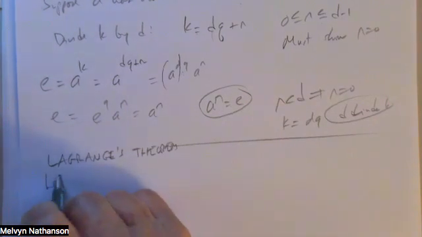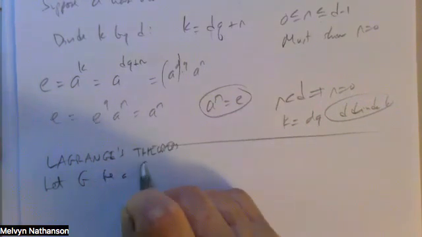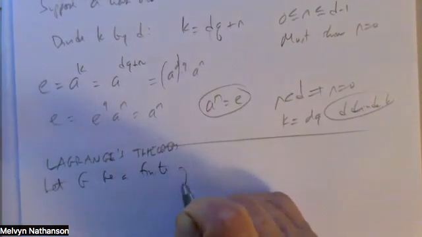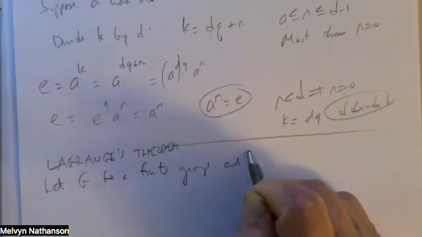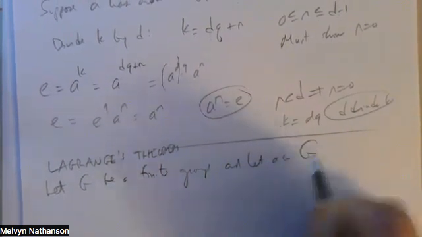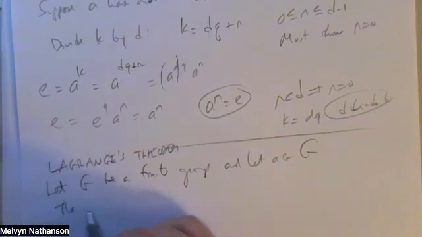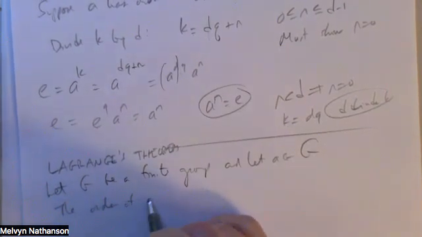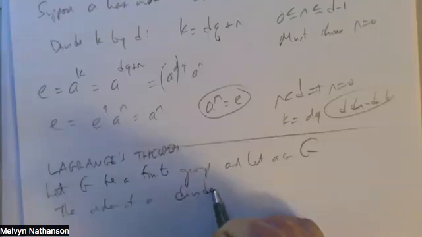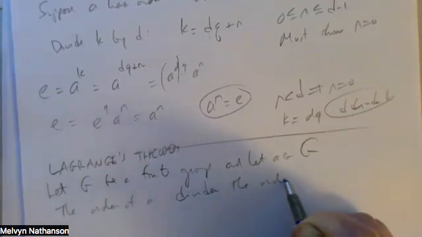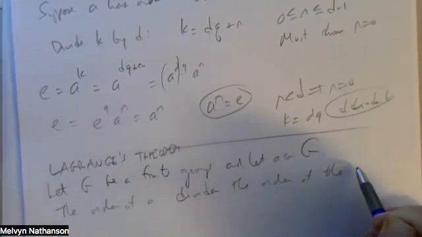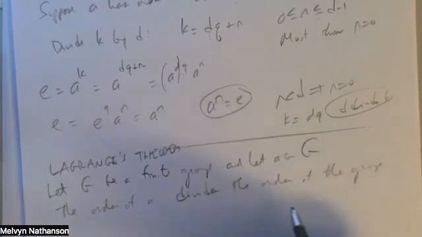So let G be a finite group, and let a be an element of the group G. The order of a divides the order of the group. Remember, the order of the group is the number of elements in the group.